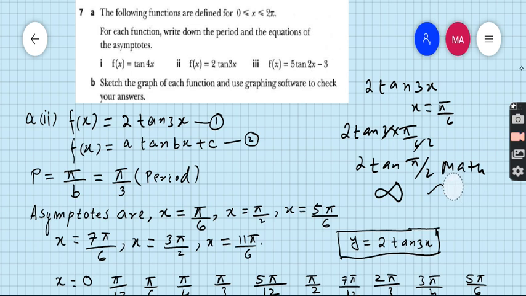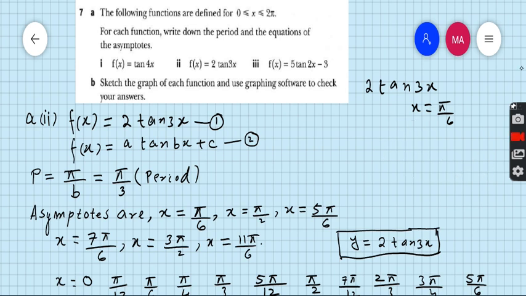Similarly, you can find other asymptotes as well. Just add the given period to this value pi by 6. The given period is pi by 3. Pi by 6 plus pi by 3, you can use the calculator because a calculator is allowed in the ADMath paper.